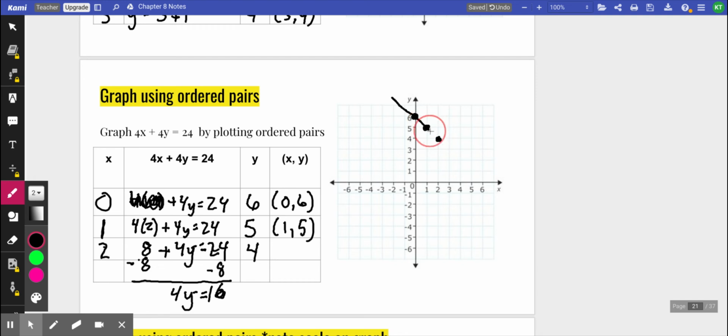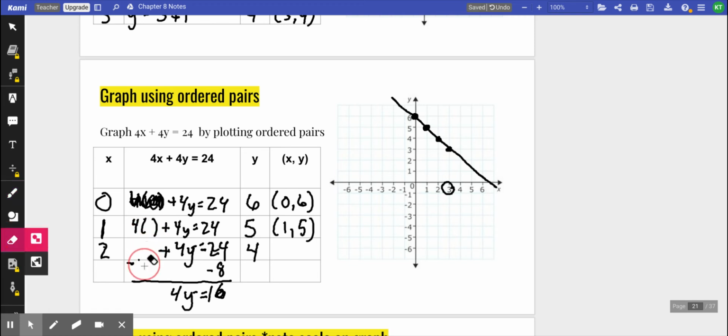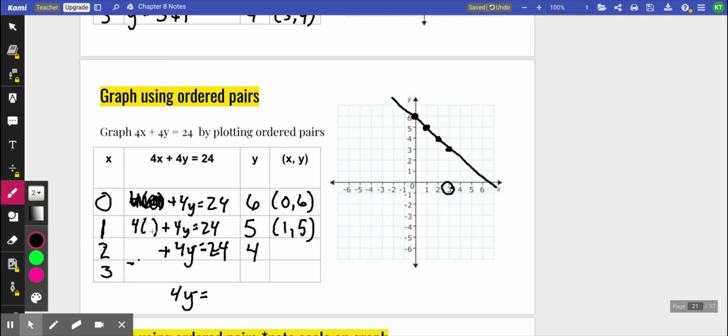And then if I just connect those with a straight line, ooh, that was much better. A straight line through the points means that as long as I graph this correctly, if I plugged in 3, I should get y equals 3. And we can check that out. Let's try a 3. So 4 times 3 is 12.